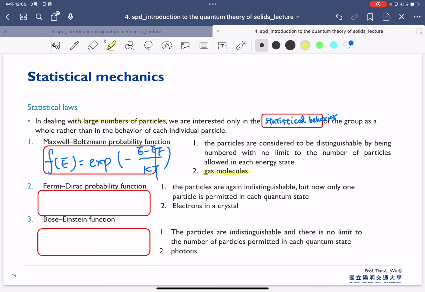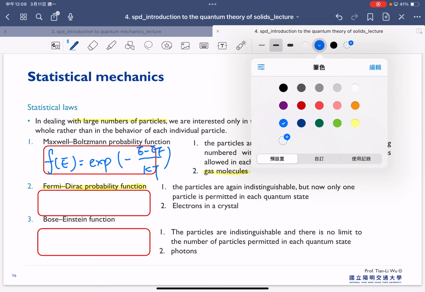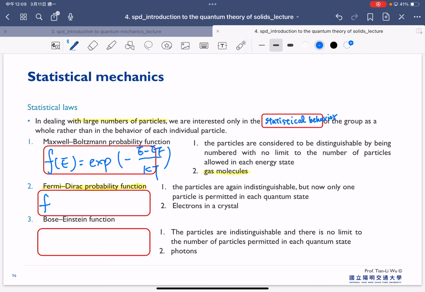The second one, which is much more important for us, is what we call the Fermi-Dirac probability function. And this equation is shown here: 1 over 1 plus exponential of (E minus EF) over kT.